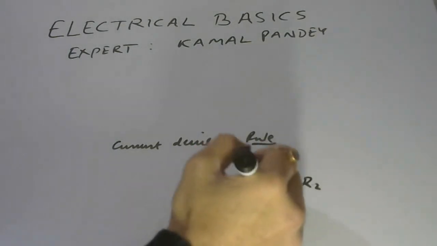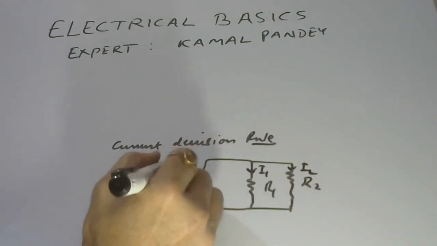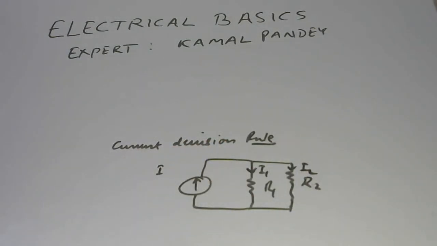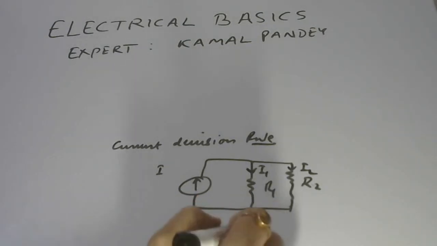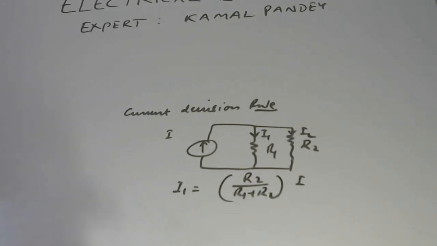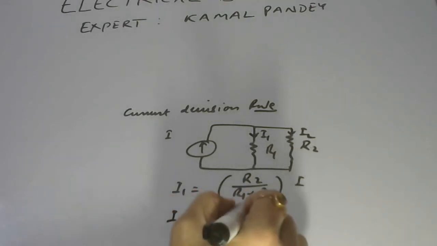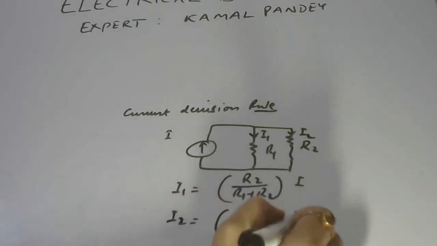We can calculate I1 current and I2 current if we know the total current I. I1 equals R2 divided by R1 plus R2 into total current. This is the formula. Again, I2 is equal to R1 by R1 plus R2 into I.